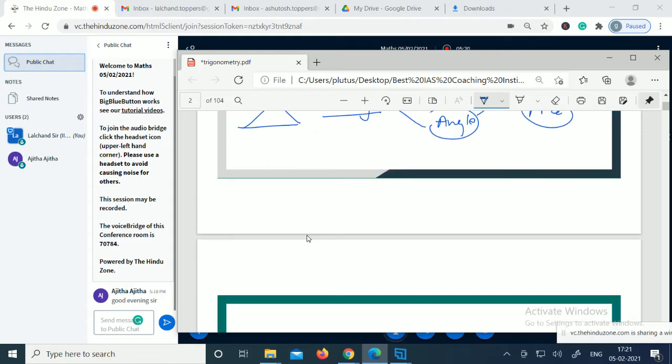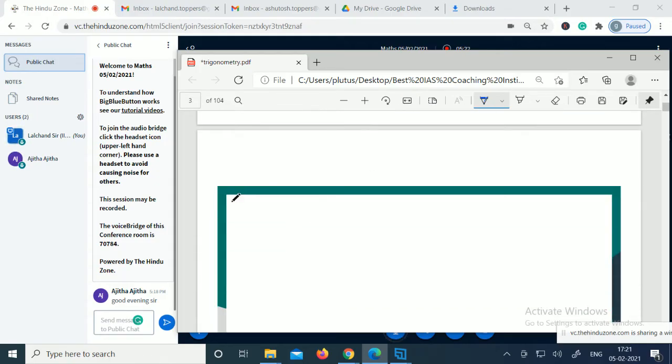So if I ask you for the sides measurement, basically a side is simply length. There is no problem in measuring length because we can measure length in meters, centimeters. Okay. But how do we measure angles?